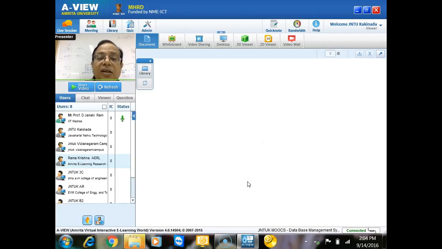Every functional dependency, the left side of the functional dependency should be a super key. Okay, this is the BCNF requirement.